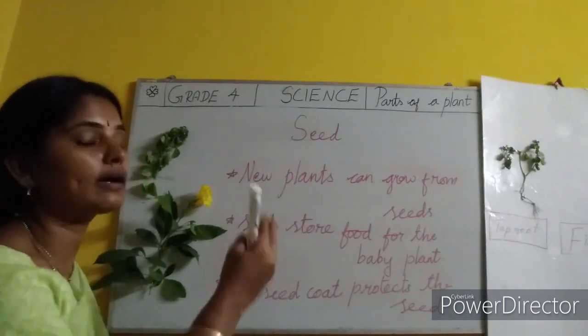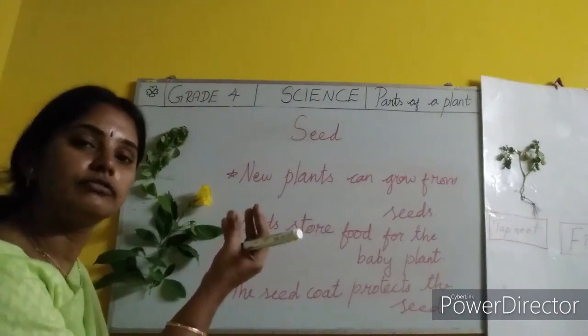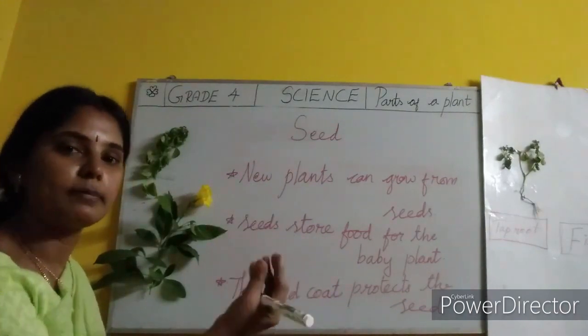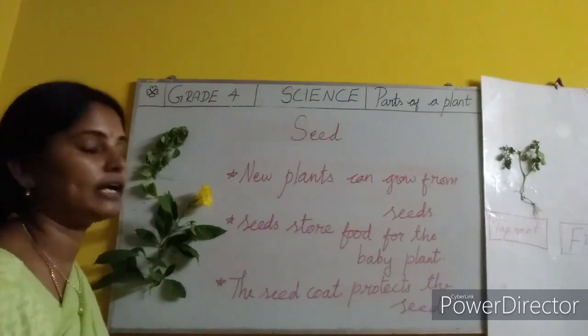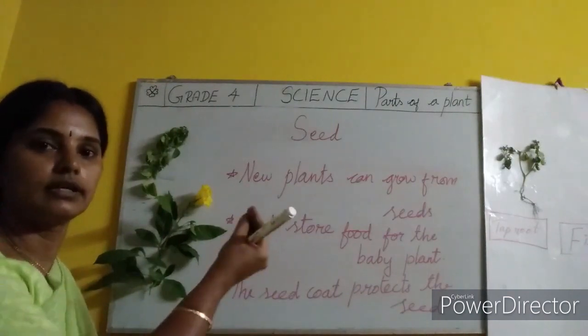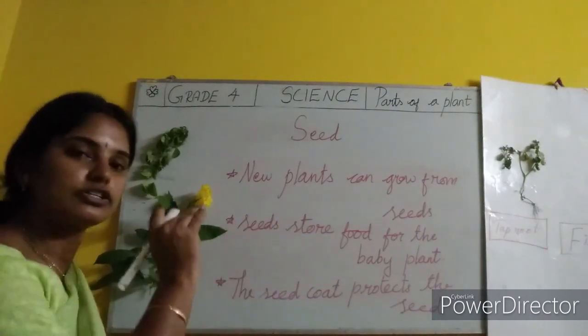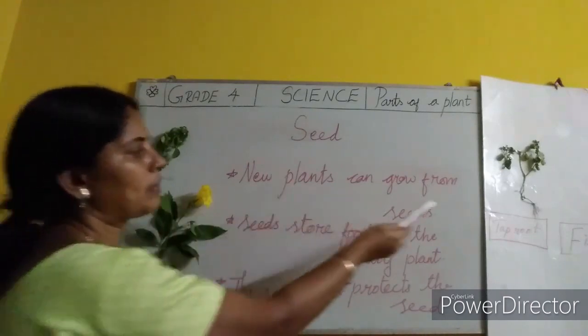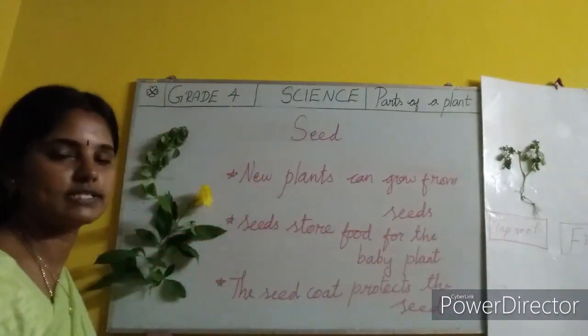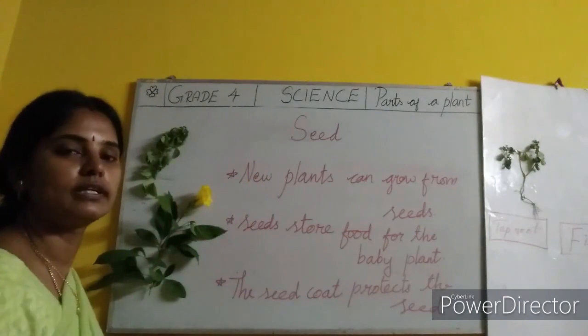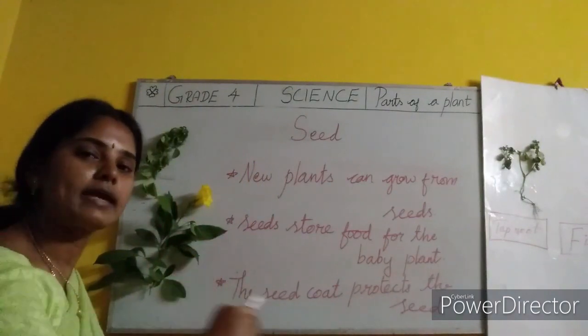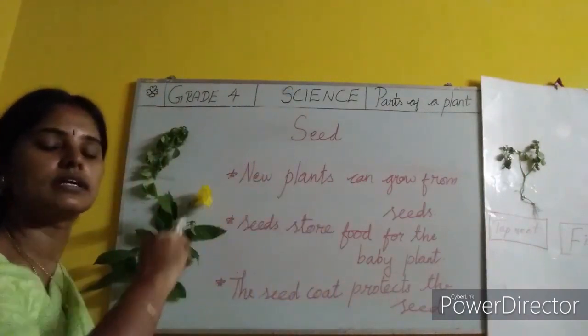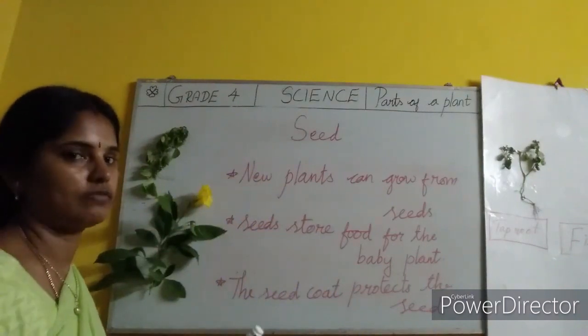According to the features of the stem, we divide plants into different types: herbs, like these small plants with weak stems, shrubs, climbers, creepers, trees and all these.